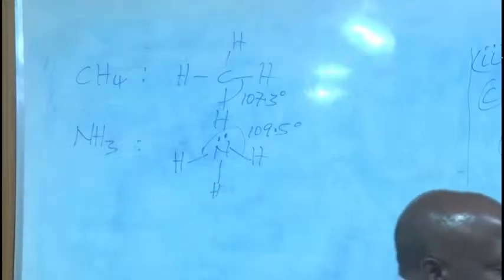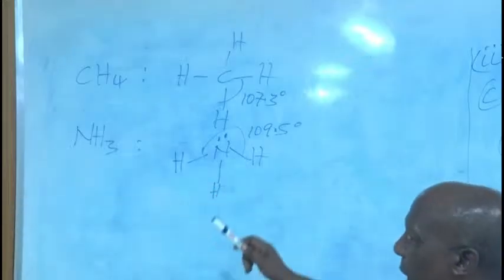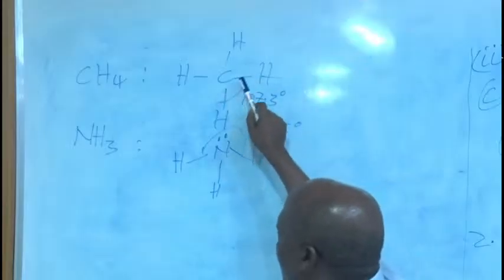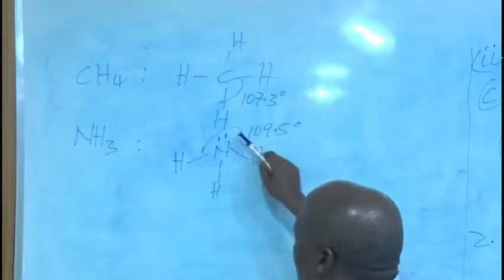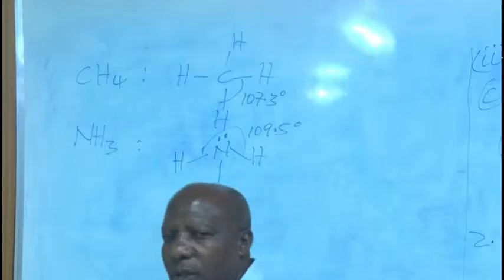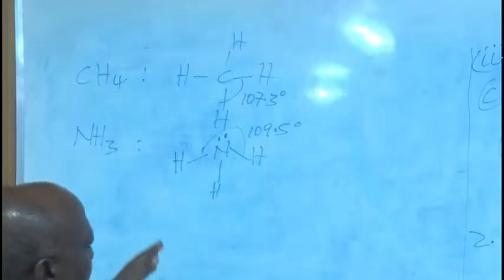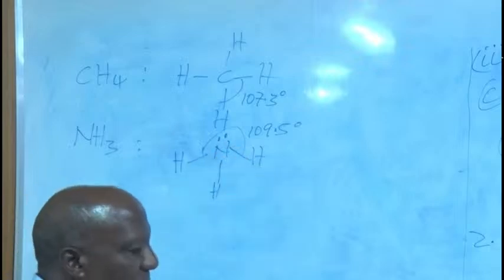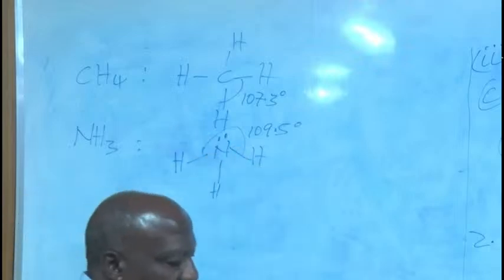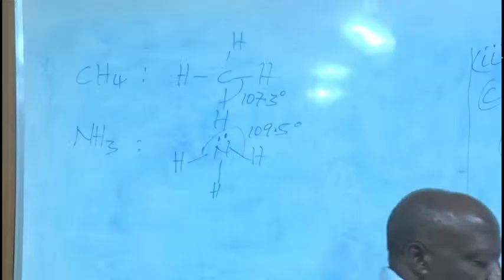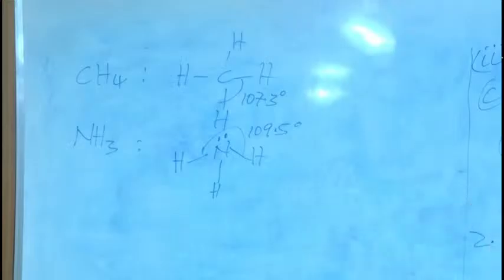The reason is that in methane there is no lone pair of electrons, while in ammonia there is a lone pair of electrons which repels these bonding electrons much, and makes the angle in ammonia greater than the one in methane.